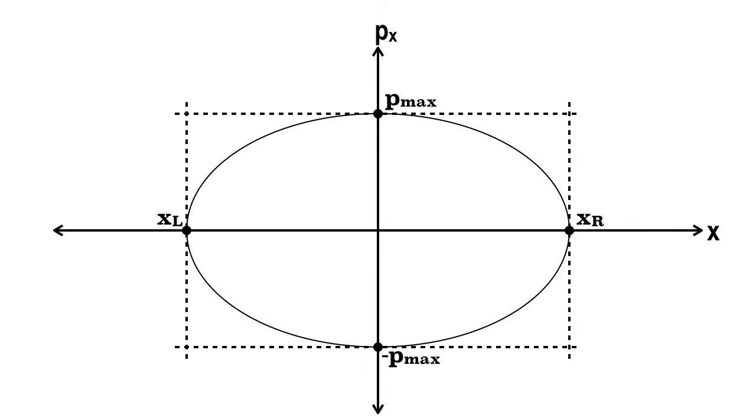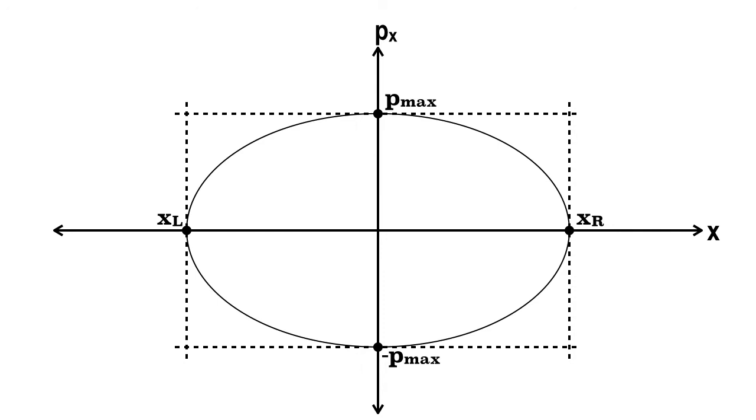And the interesting thing is the width. If you take the width from the origin out to the maximum right or out to the maximum left, that's called the semi-major axis. And then if you take the height from the origin up to p max or down to negative p max, that's the semi-minor axis. So you have these two dimensions basically. If you have those two, you can graph out the entire ellipse.